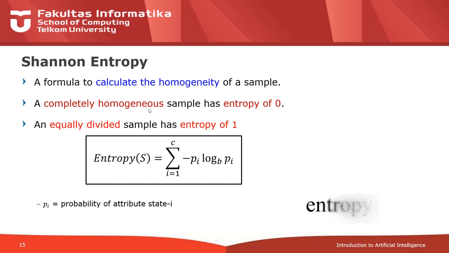If a sample is completely homogeneous, it will have an entropy of 0, and if it's equally divided, the entropy will be 1. We will see later. The formula is actually quite simple. We sum over all of the possible values in that attribute using pi, where pi is the probability of that state or value in that attribute.